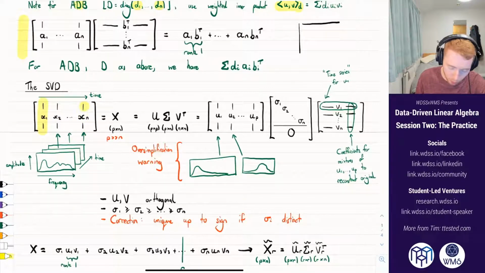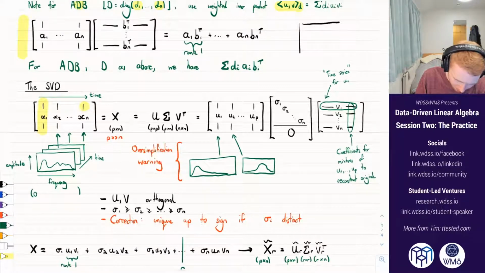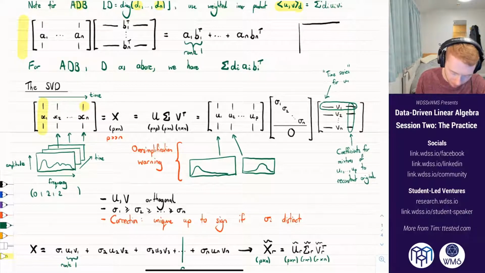And each of these vectors represents the frequency, and the values of the vectors is how loud that frequency is. So you can imagine here where we have this waveform here. That is probably going to be like, I don't know, something small, 0 at the start, then maybe 1, 2, 1, 2, showing how high those different frequencies are. And so that's what our data looks like.